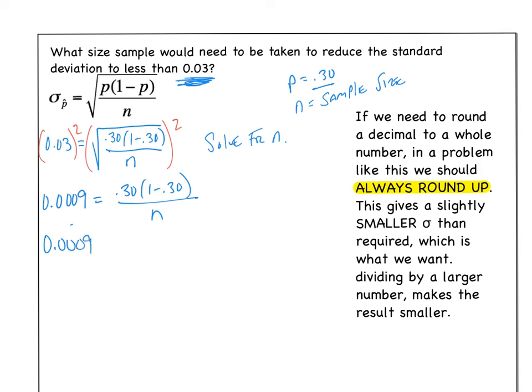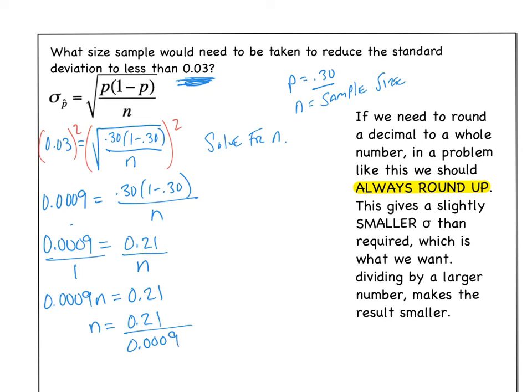I can multiply 0.30 times 1 minus 0.30, and I'll get 0.21 over n. And then if you cross multiply, it would be 0.0009n equals 0.21. So to get n alone, we would have to divide by 0.0009.